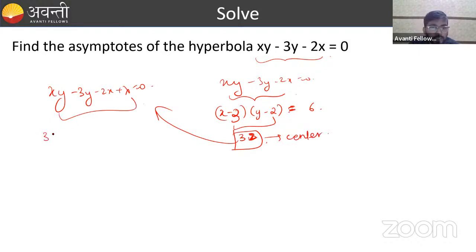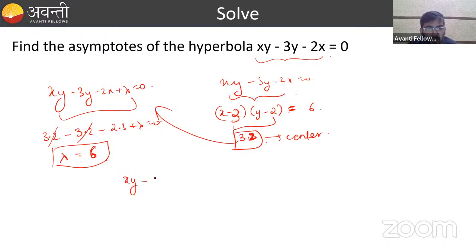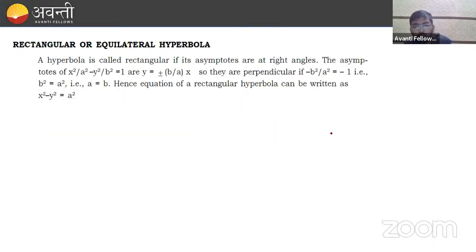Substituting, we get 3 into 2 minus 3 into 2 minus 2 into 3 plus lambda is 0. This gets cancelled, so lambda is 6. So the equation of the asymptotes to the hyperbola is xy minus 3y minus 2x plus 6 equals 0.